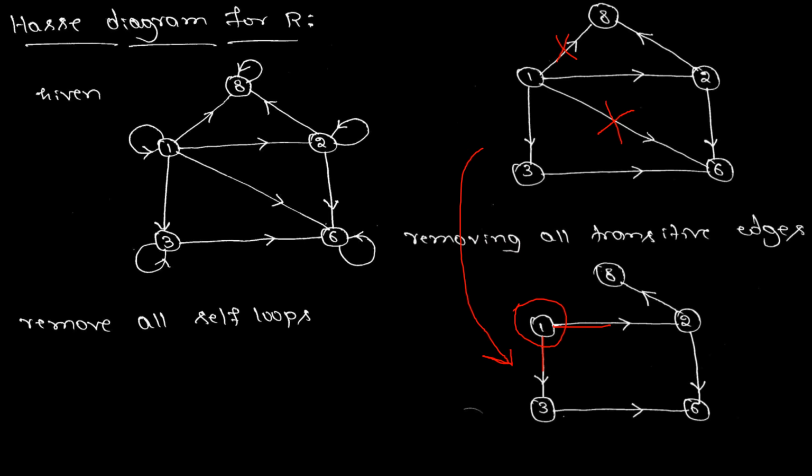So we will take it in the lowest position. Then the next level will be 2 and 3. Then the next level will be 6 and then 8. Let us rearrange.